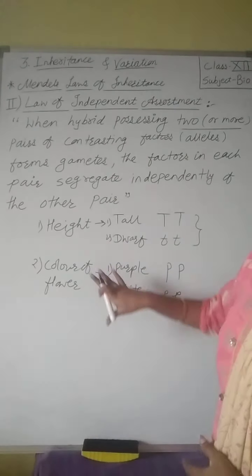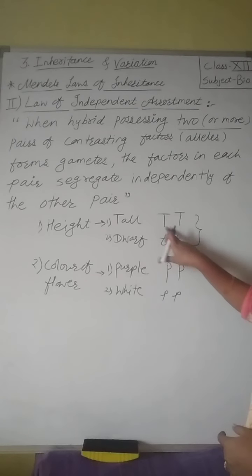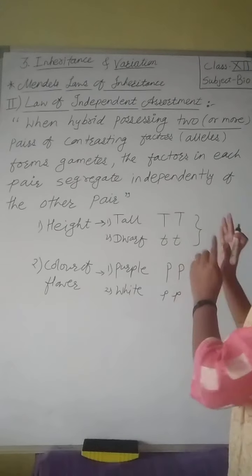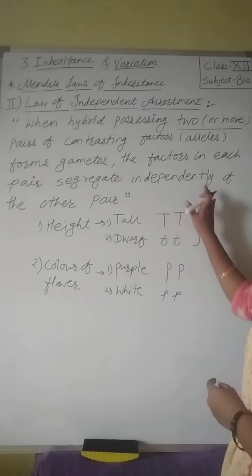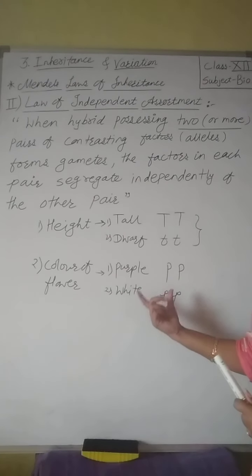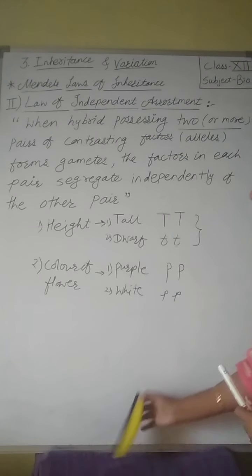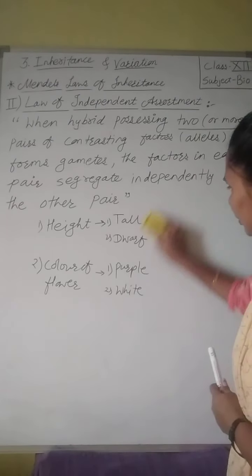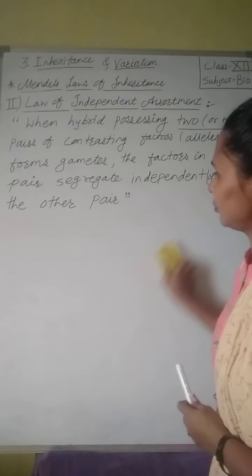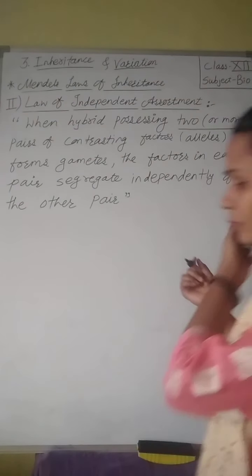When they form the gametes, the factors in each pair segregate independently, meaning they separate independently and do not influence the other pair. Let us take one example with four gametes, and we will write it down.